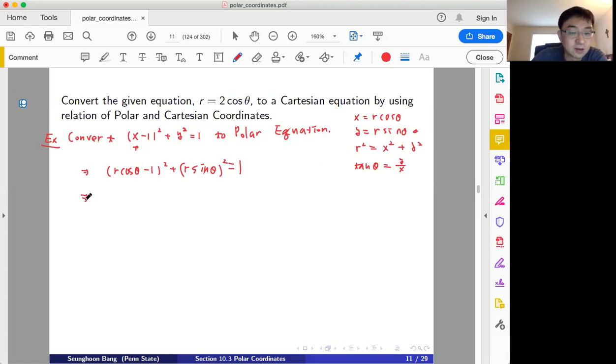Next you have to expand. (r cosine theta − 1)² is r² cosine² theta − 2r cosine theta + 1, plus (r sine theta)² is r² sine² theta, equals 1. You can combine this one and this one. So what's that?